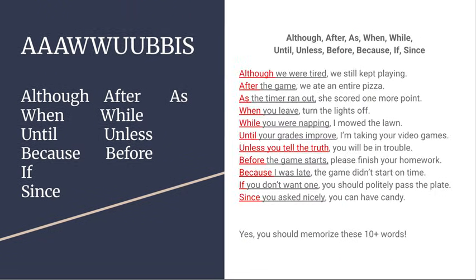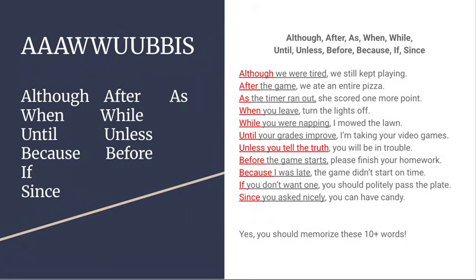Okay. So in your Google Doc, all I have for you there is I want you to fill in the AWOBIS words. I know this might seem a little trivial, but I really think you need to be remembering what these words are. So seeing the words, saying the words, typing the words. Because that way when we get to actually identifying whether we've got simple, compound, complex, all that, the different types of sentences, it's going to really be handy for you to know when you have a dependent clause.